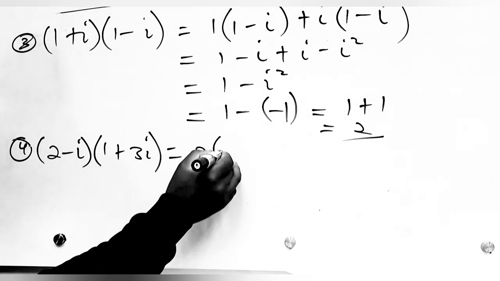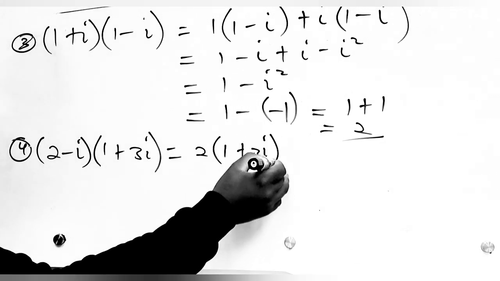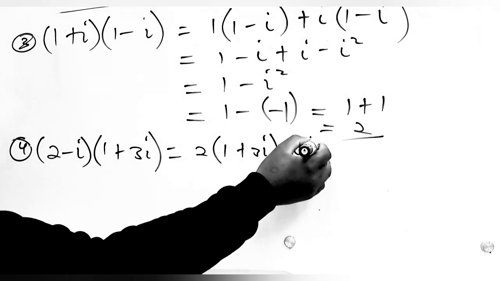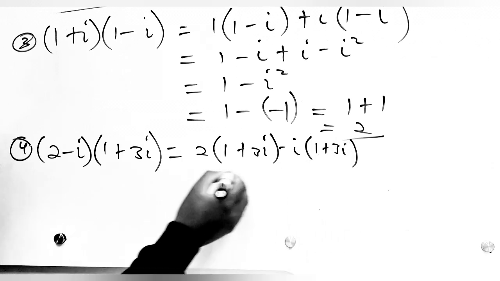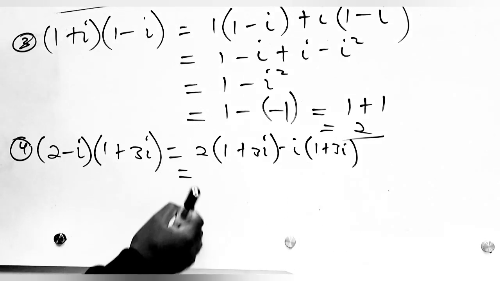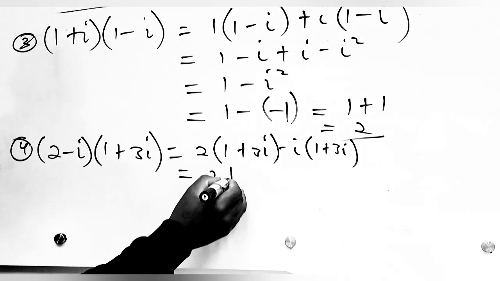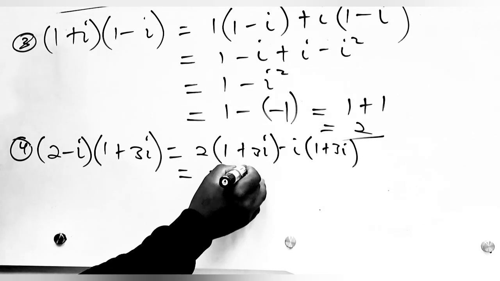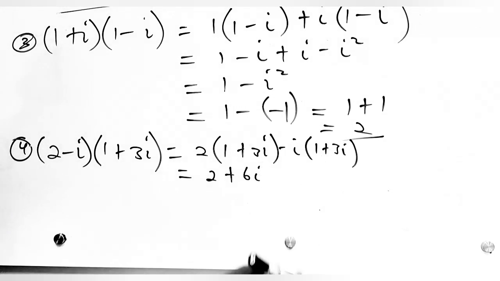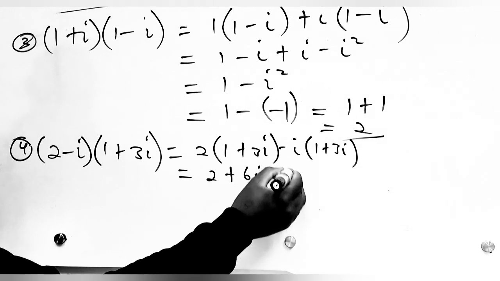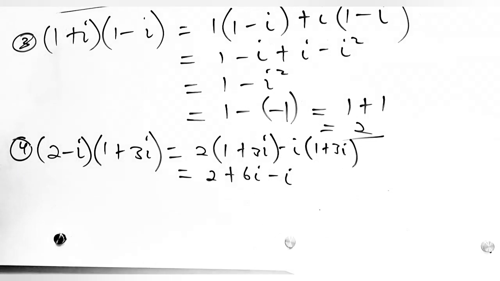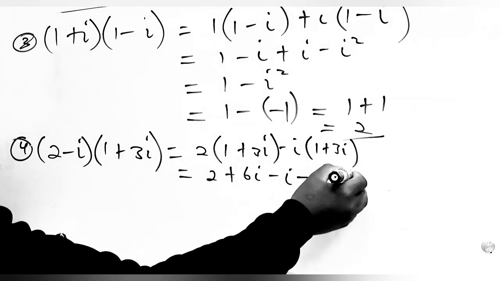So this is 2(1 + 3i) - i(1 + 3i). This is equal to 2 times 1, which is 2, plus 2 times 3i, which is 6i, minus i multiplied by 1, which is i, minus i multiplied by positive 3i, which is 3i squared.